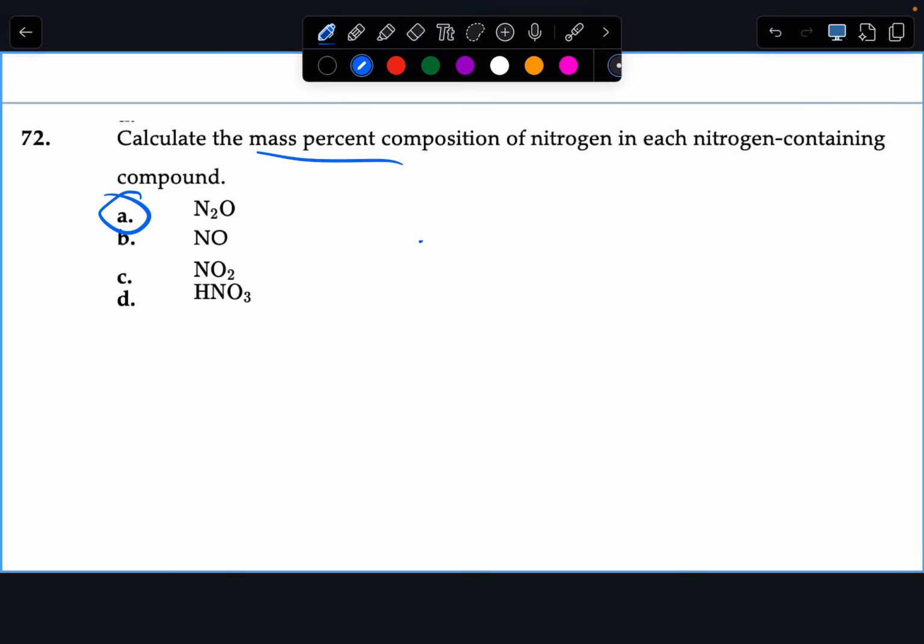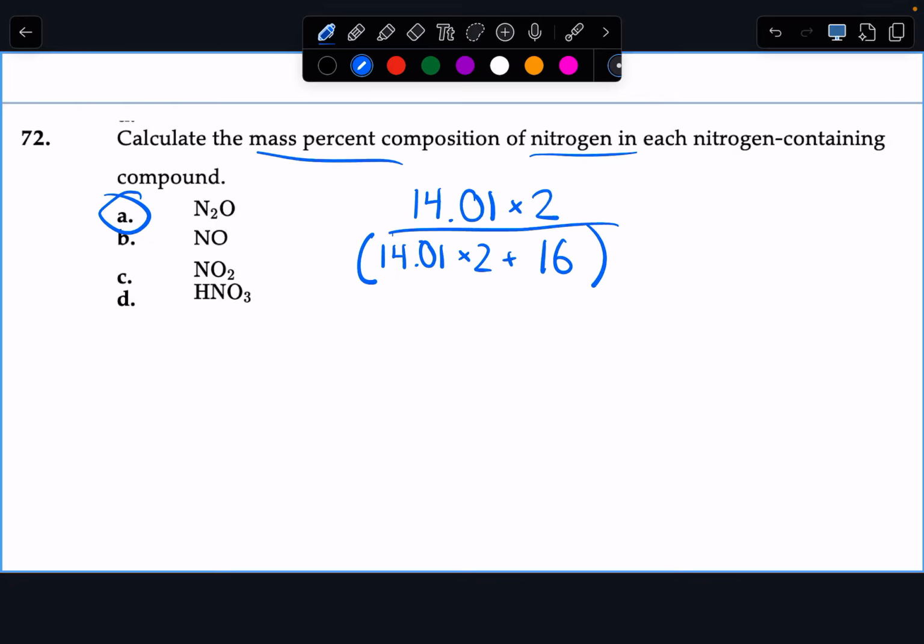So if we want it for nitrogen, we take the mass of nitrogen, but we have 2 atoms for every 1 molecule. So we need the mass of nitrogen times 2 over the total molar mass, which now just includes oxygen.